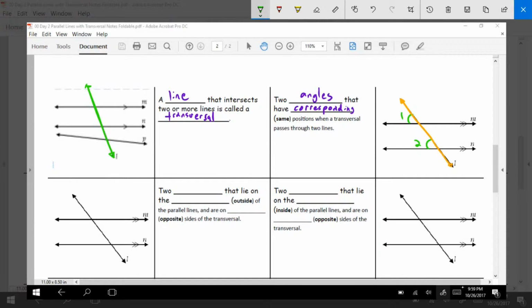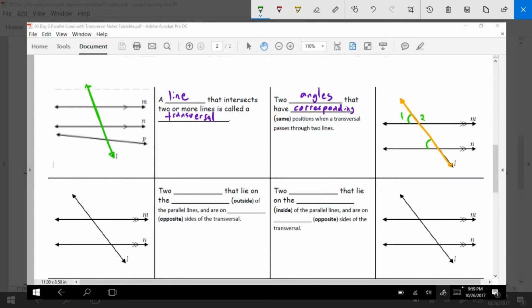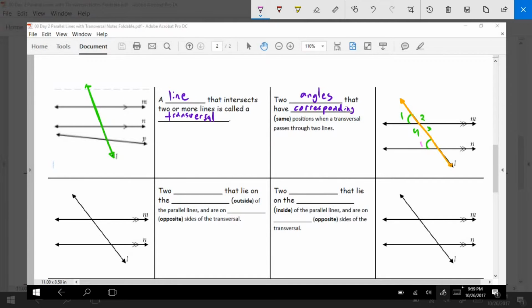You see how each intersection, if you look at it, each intersection makes 4 angles, right? 1, 2, 3, 4. And even down here, 1, 2, 3, 4. So you can see which ones have the same position. The 1s have the same position. The 2s have the same position. The 3s have the same position. And the 4s have the same position. So those would be corresponding angles.